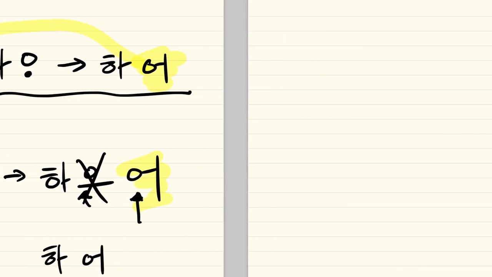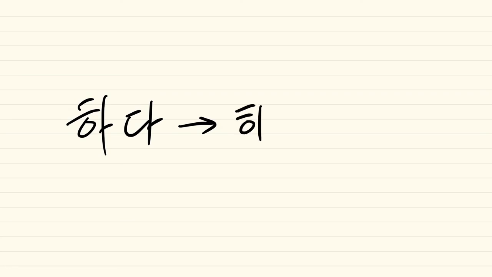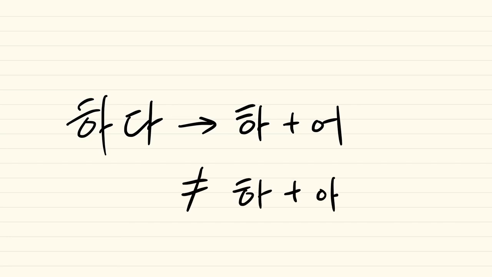So that is why when you have the hada verb and you conjugate it, it's ha plus the one form and not ha plus the other. So I hope that makes sense.